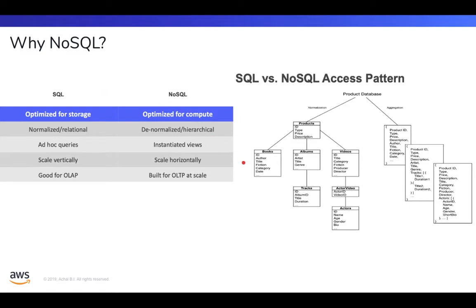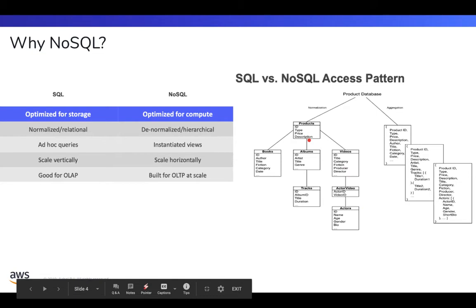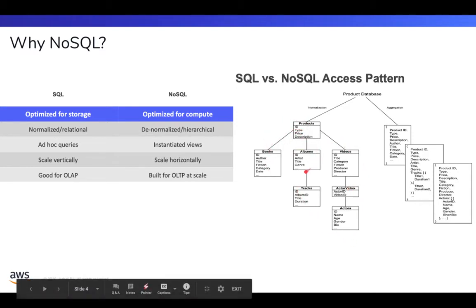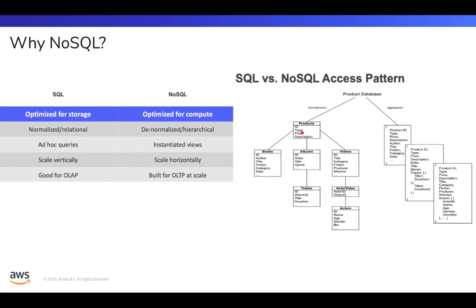If you see the access patterns, this is how it is structured. You can see that it is linked and normalized, and data has relations with many tables.